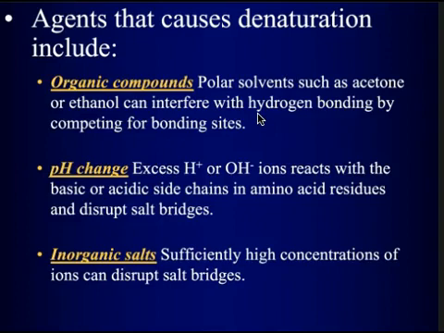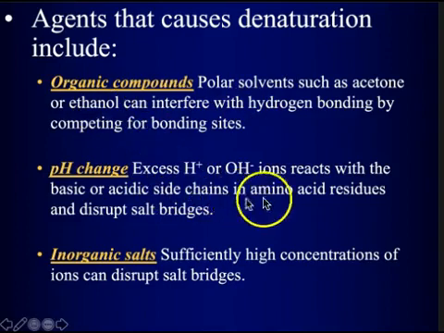A pH change is a big one, which is why we can't have our body change pH too much. We said our biological pH is between like 7.3 and 7.4. We don't want to have a big variation in pH because we saw that a change in pH puts on hydrogens or takes off hydrogens.